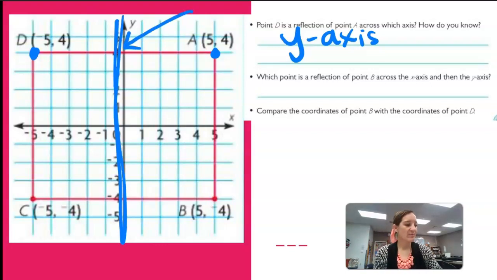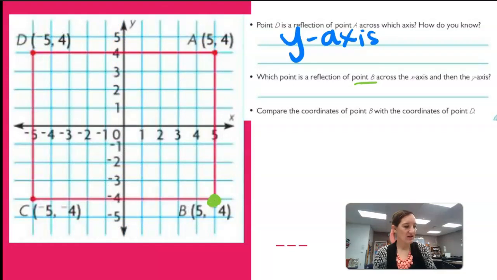Okay? What about which point is a reflection of point B? Oh, let's clear this up. We're starting at point B across the x-axis and then the y-axis. Can we reflect twice? Oh, this will be cool. Okay, so we're at quadrant 4, and it says which point is the reflection of point B across the x-axis.